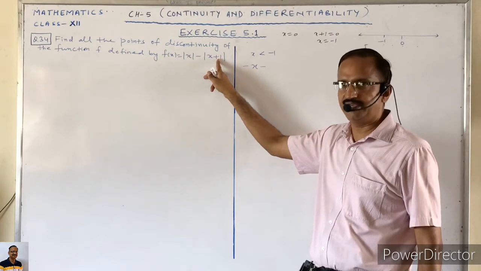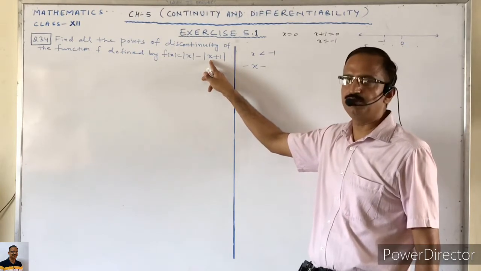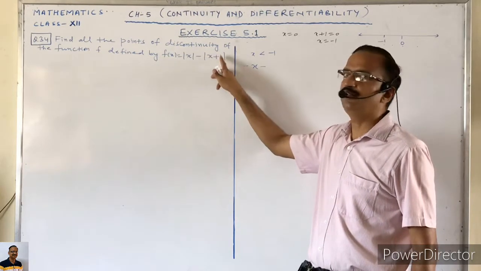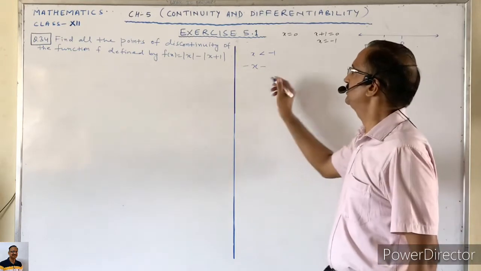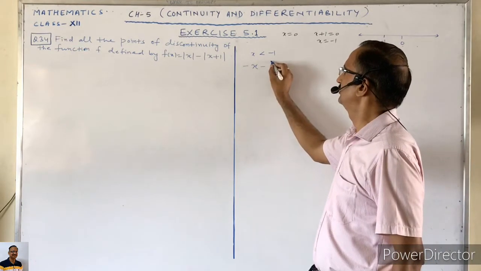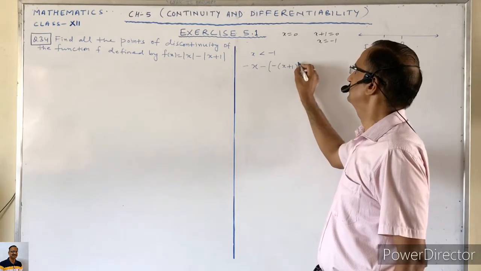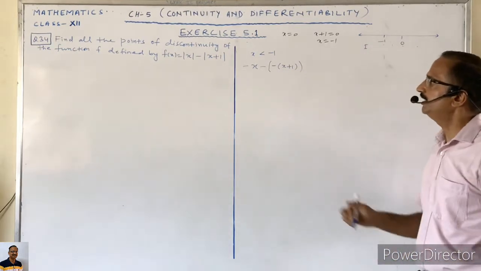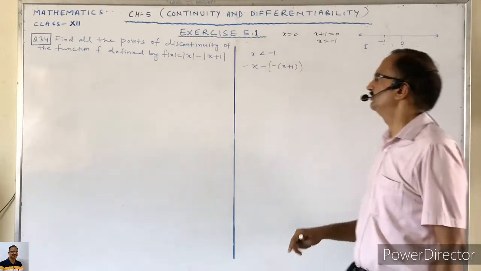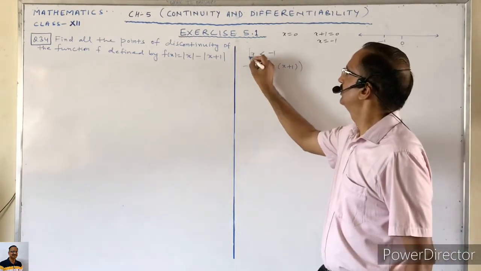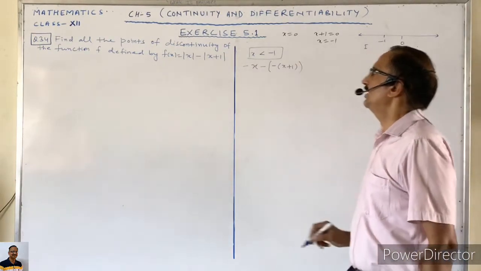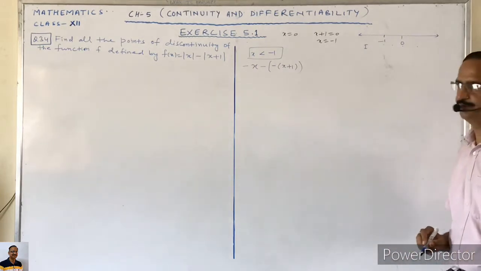It means negative. When you put -2, this value will be negative. It means we will write -(x + 1). Why? Because this is negative for this interval when x is less than -1.